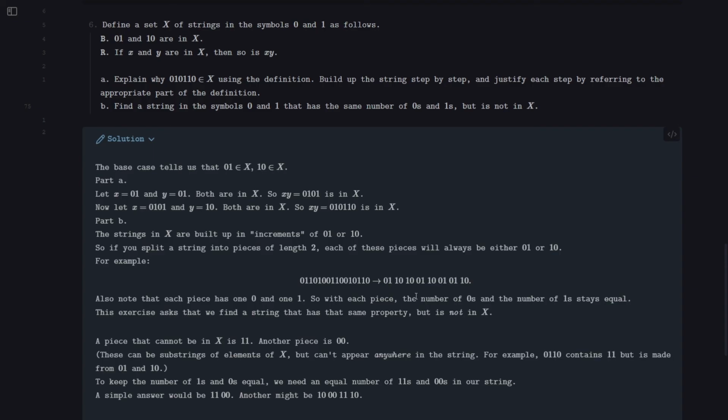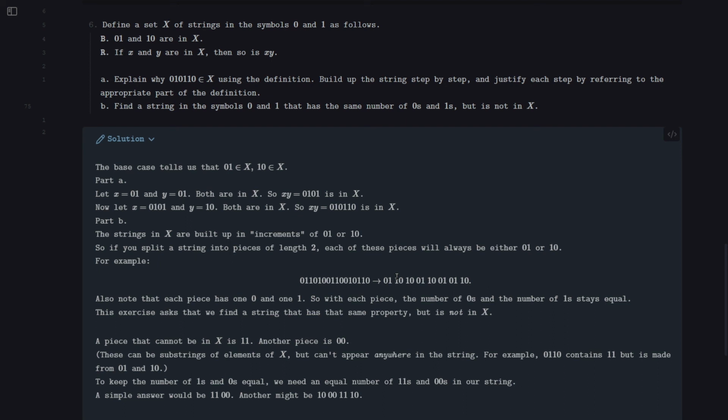So we had 0, 1 and 1, 0, but we could also have 1, 1 as a piece, or 0, 0 as a piece. If a string contains 1, 1 as a single piece rather than between 2 pieces, like notice here we have 1 followed by another 1, but it's not a single piece. It's just in the middle of the concatenation of 2 pieces.